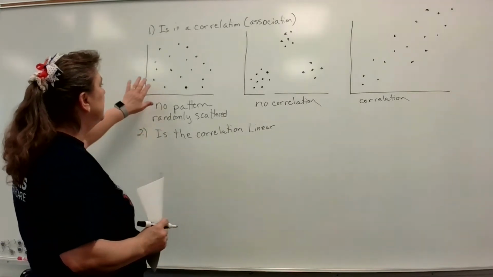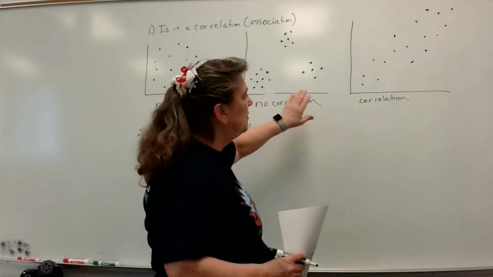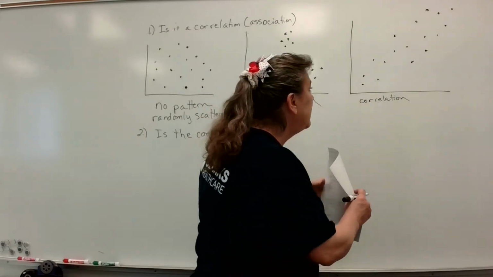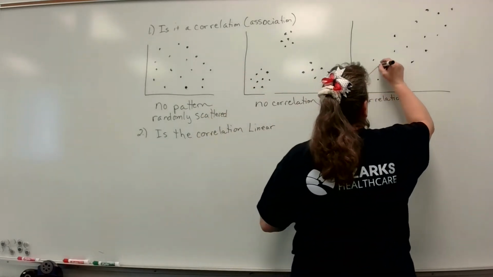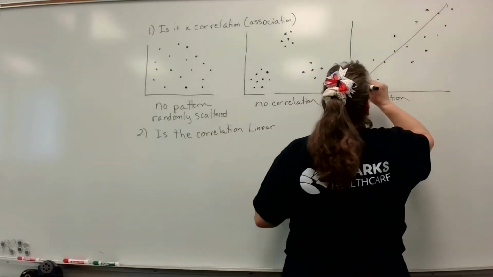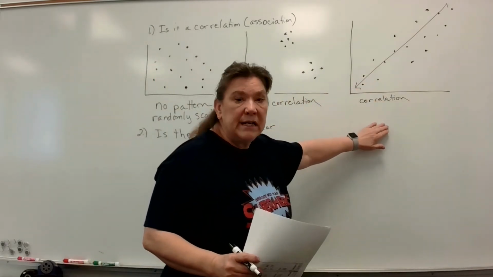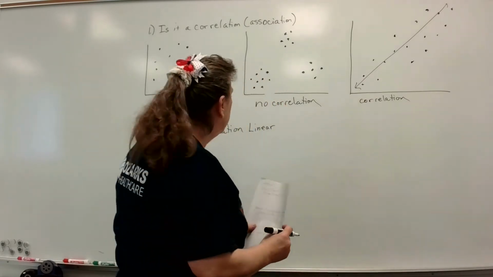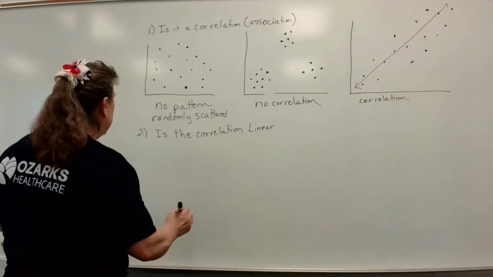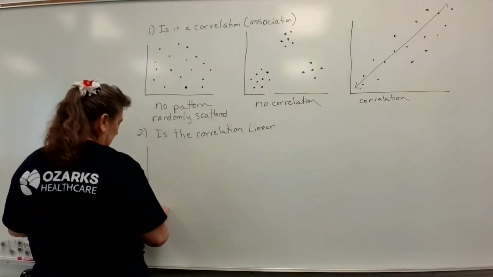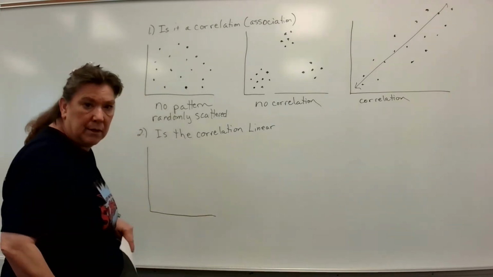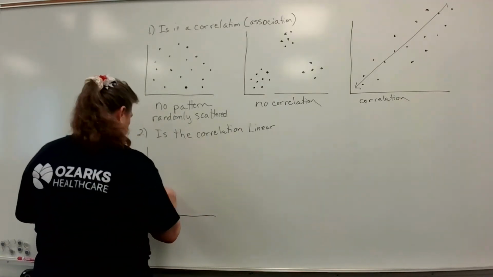Well, as we look at these, they're not correlation, but this one, I can make a line in this. It kind of runs along that line, right? Therefore, this one is linear, okay? But let's look at some that are not linear. Make sure it still shows up.